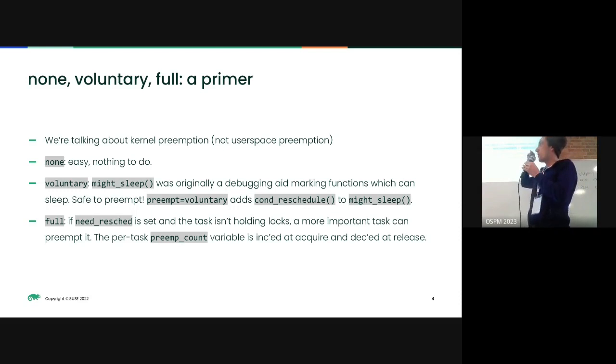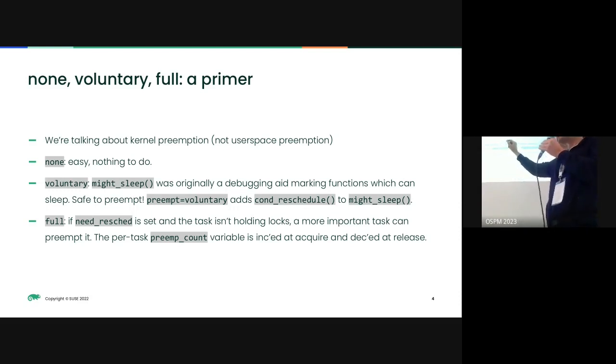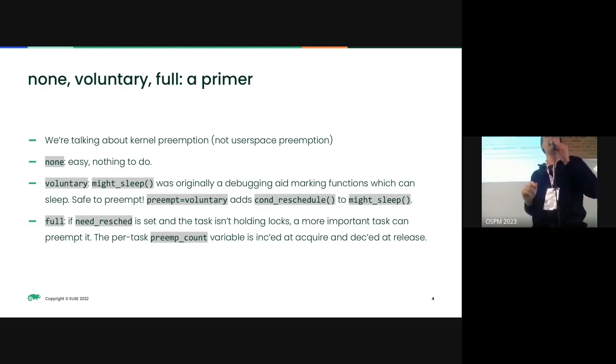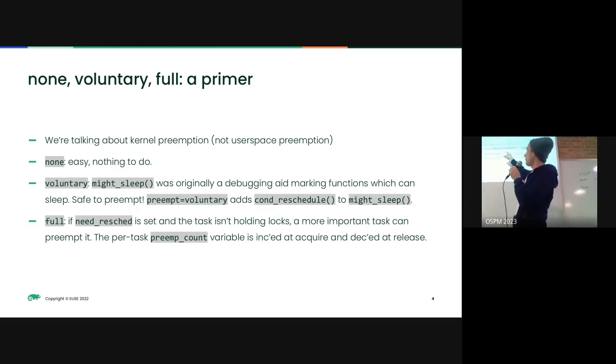Then voluntary is a little bit preemptible. There are specific places where the kernel can preempt kernel code. And where are those places? Where there is this function might_sleep, which originally was a debugging aid, and then Ingo Molnar said, let's use those debugging aids and put cond_resched in it.